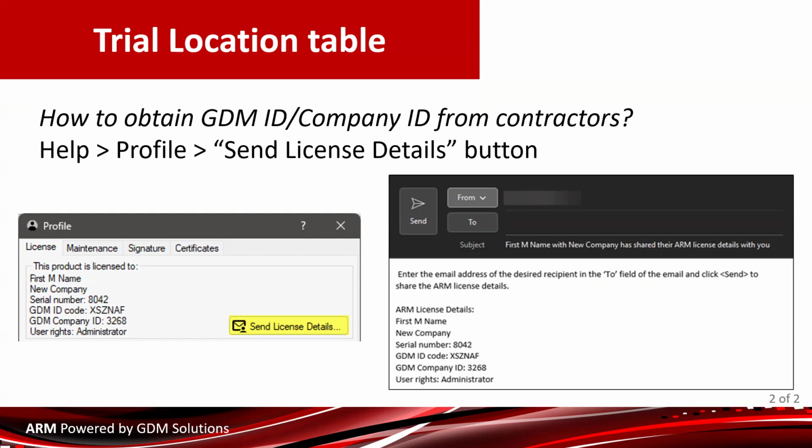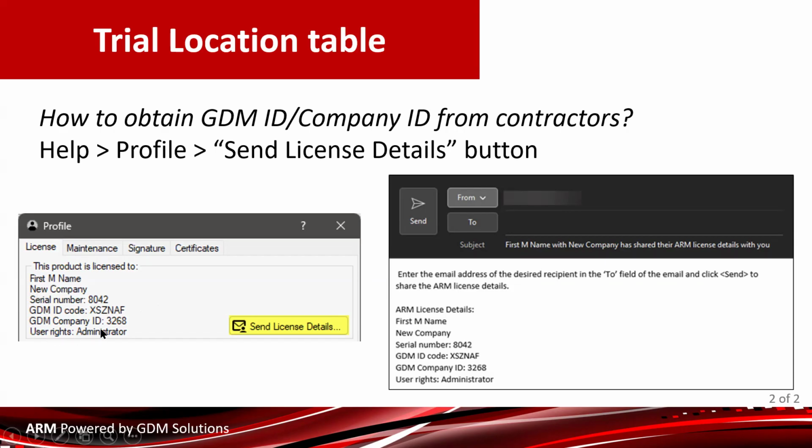And so as far as that GDM ID or that company ID, you can obtain those from your contractors. Each contractor just has to go into their ARM, and on their profile section, there's a button to send license details.